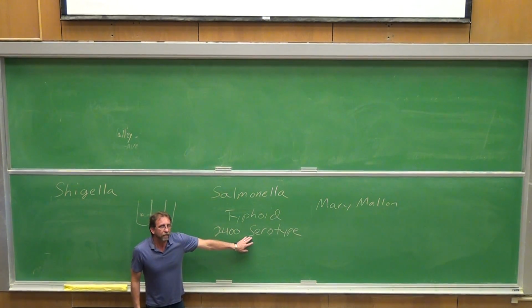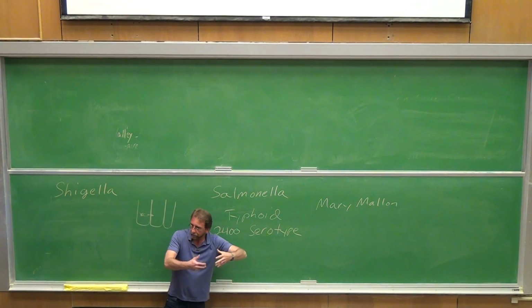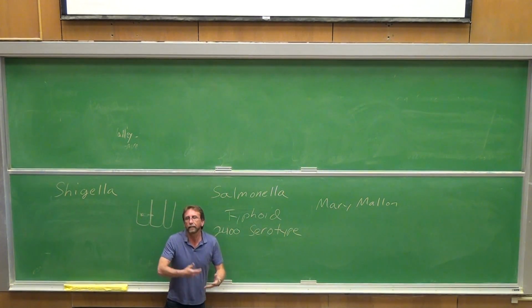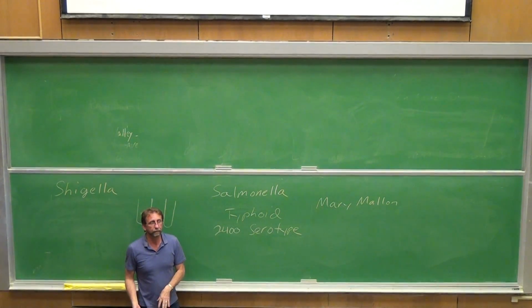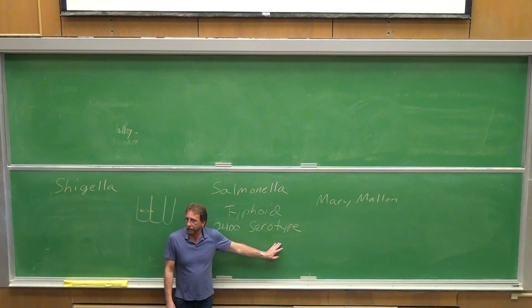Serotype then. So what we're talking about is that each of these different strains has an antigenic epitope that's different than all the others, right? So that means that they're going to generate different antibodies.